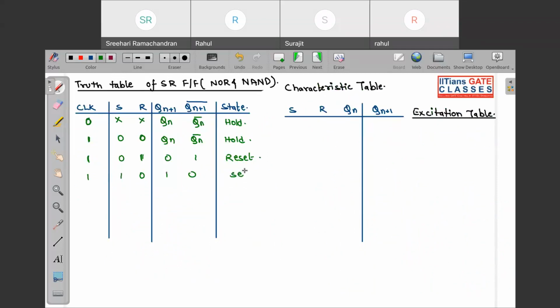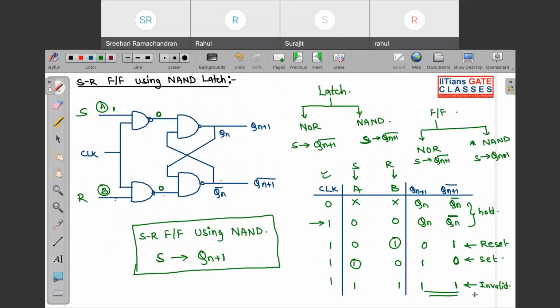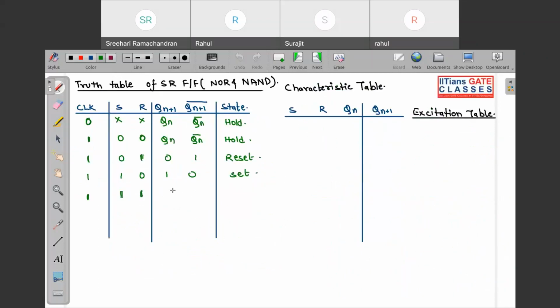So this is set. Now the last case is very good, when you have both the inputs as 1 1. When you apply 1 1 in case of SR flip-flop, you are getting 0 0 in case of NOR SR flip-flop, but in NAND you are getting 1 1. So what should I write over here? In case of NOR, it is 0 0. In case of NAND, it is 1 1.